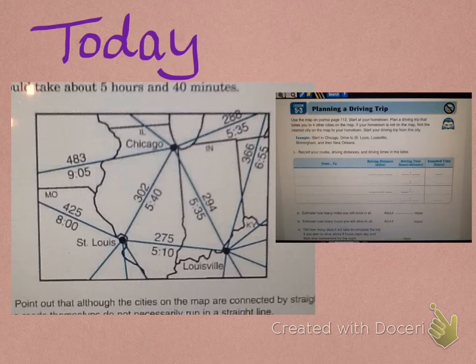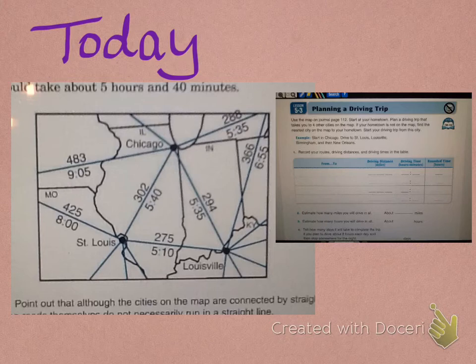If we were going to leave from Louisville and go to Chicago, on the map it says it's going to take 294 miles, and time-wise 5 hours and 35 minutes. That 35 minutes is more than half, so I am going to round that to 6 hours.